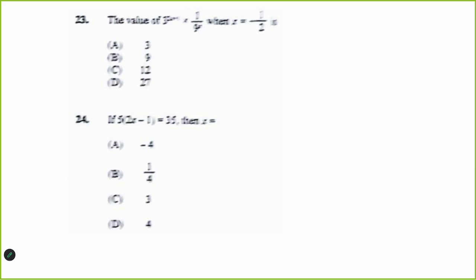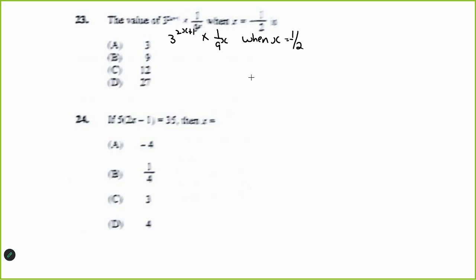The next one is a little bit blurry, so I'm just going to tell you what it is. The question says the value of 3 to the power of 2x plus 1 multiplied by 1 over 9 to the power of x, and they want to know the value when x is equal to negative a half.